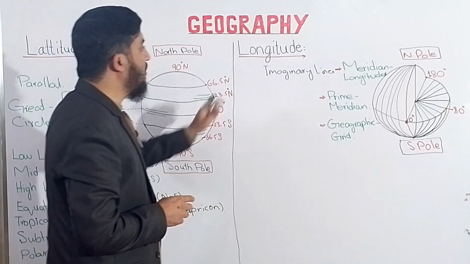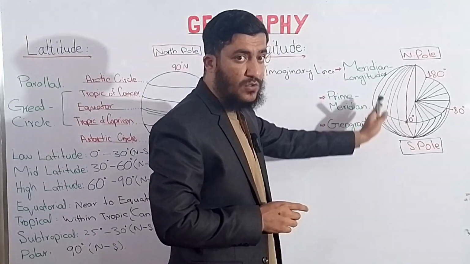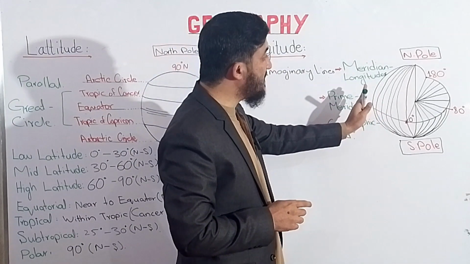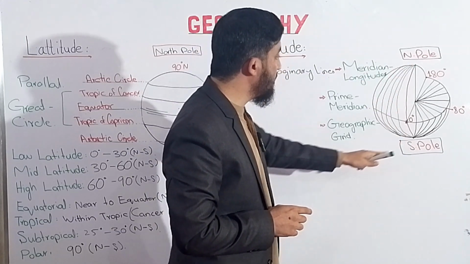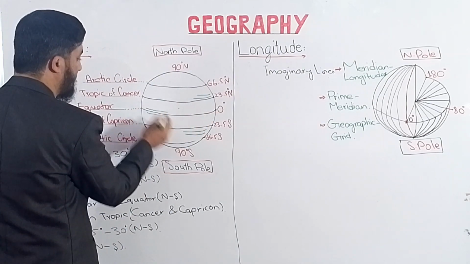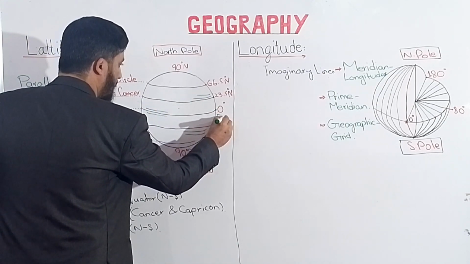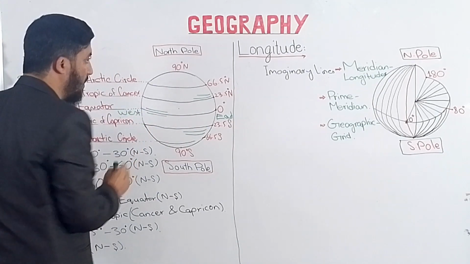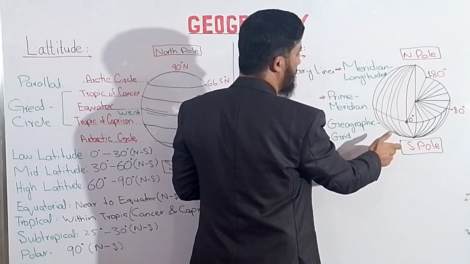Then comes the longitude. Longitudes are also imaginary lines, and these lines are perpendicular to the parallels. They start from the north and south poles, and the parallels go east and west, while the longitudinal lines go from north to south poles.